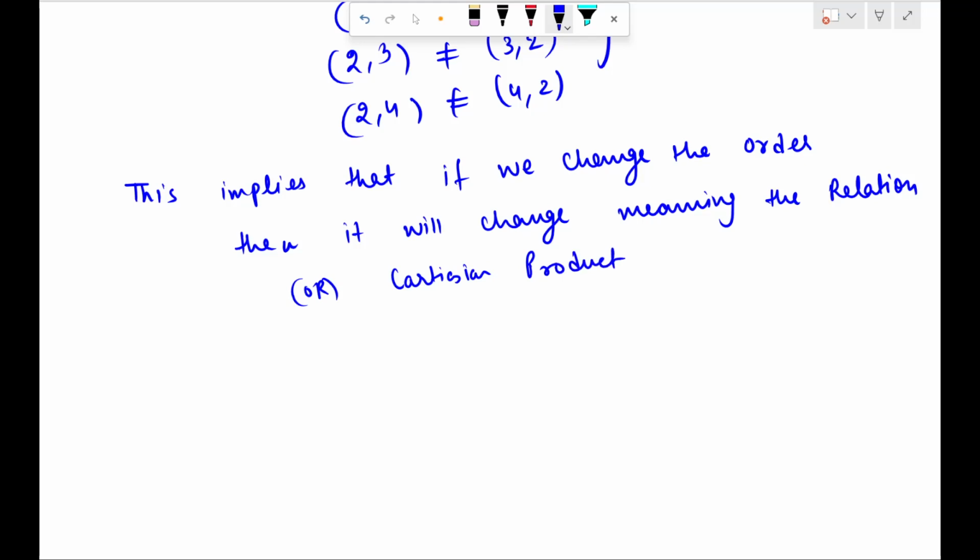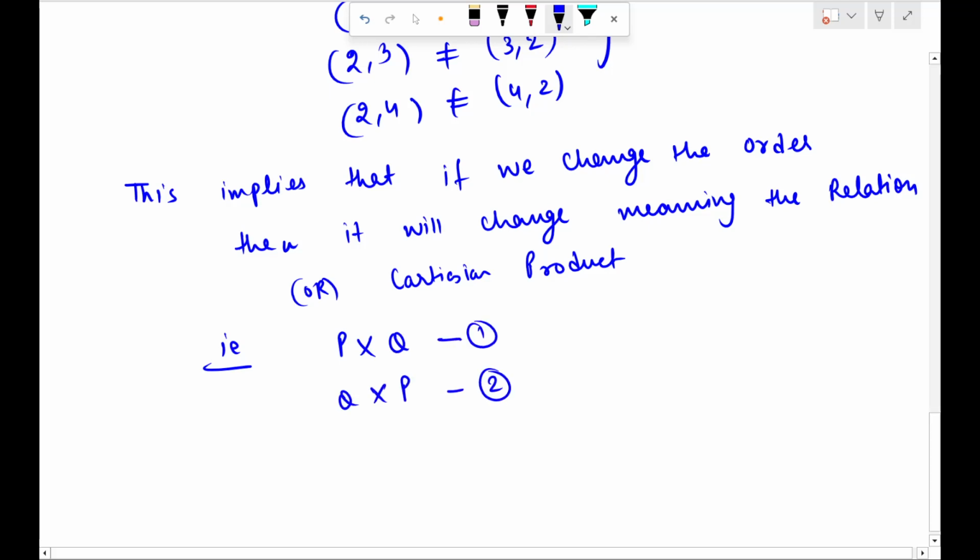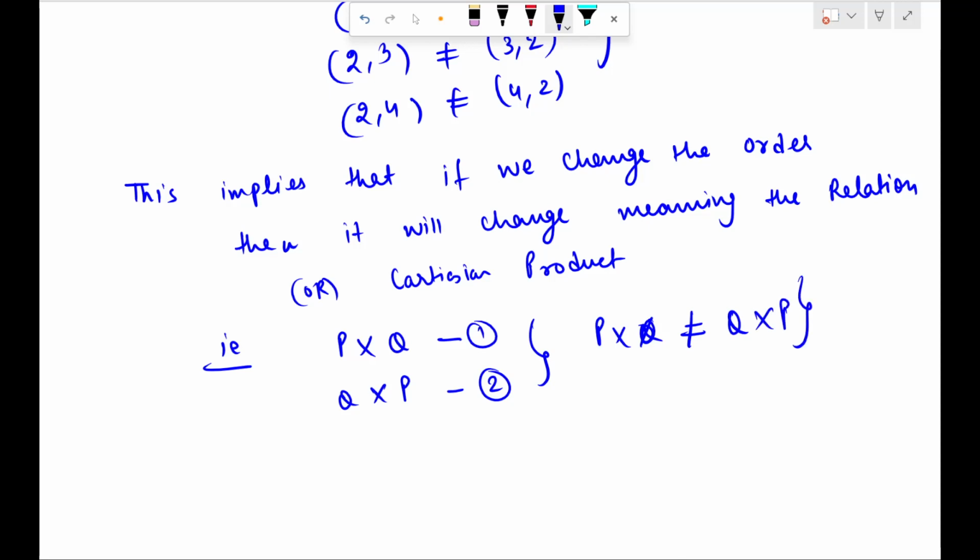That is, if P cross Q is one Cartesian product and Q cross P is a second Cartesian product, then P cross Q is not equal to Q cross P, because order is important.